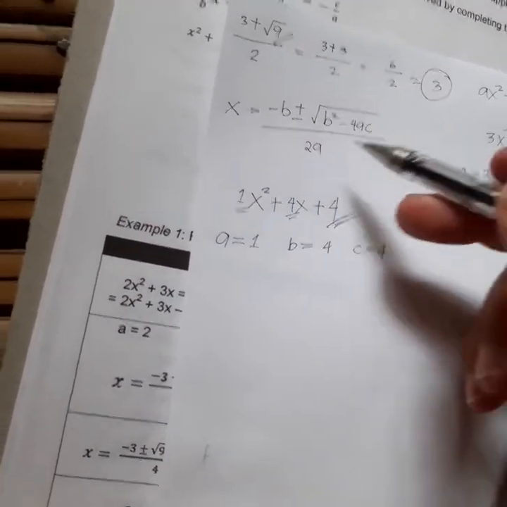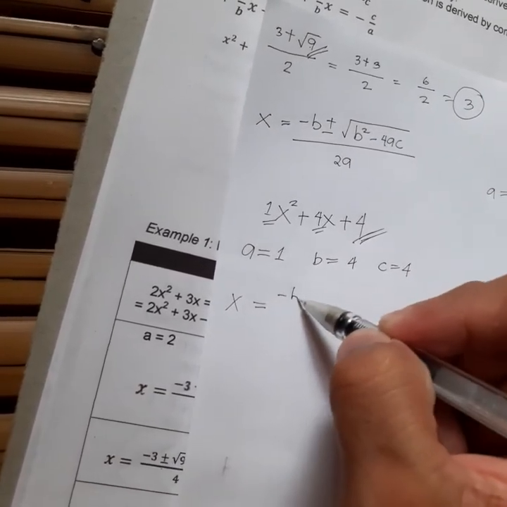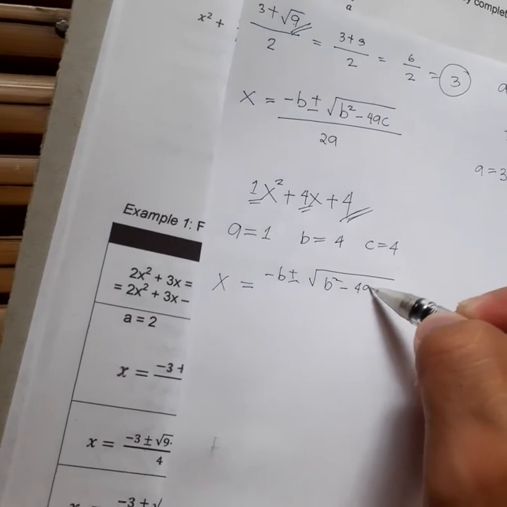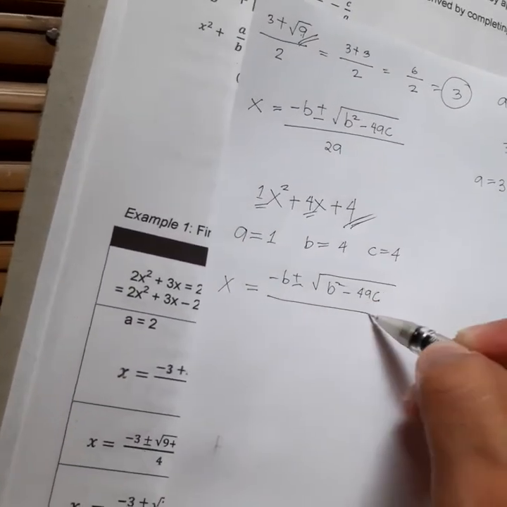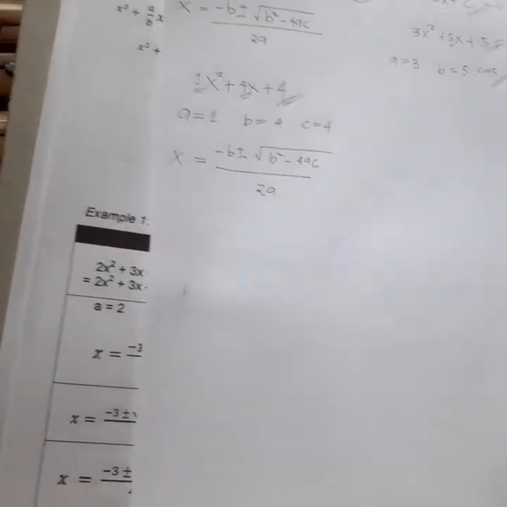Using the quadratic formula above, we have x equals negative b plus or minus the square root of b squared minus 4ac, all over 2a. Then continue.